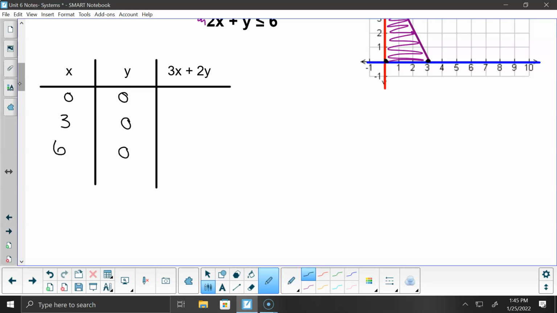So what do you think I'm going to do with those x and y values and my objective function? Plug them in. So 0 plus 0 is 0. 9 plus 0 is 9. And then 18. So which one actually minimizes it? Yeah, 0, 0. This is my minimal value.